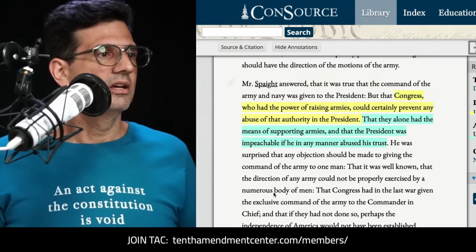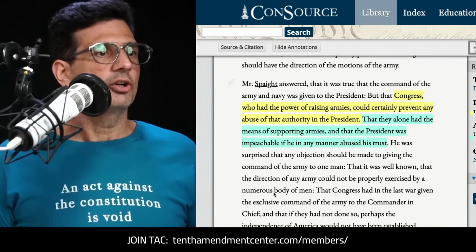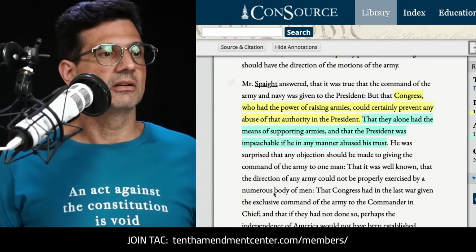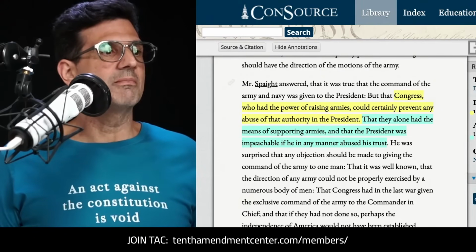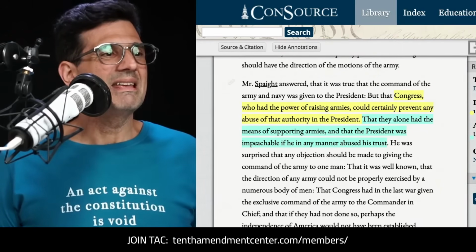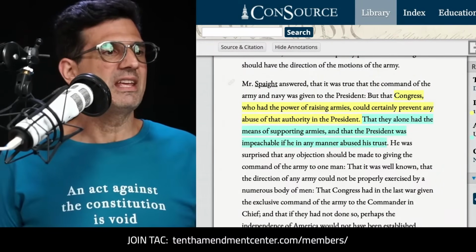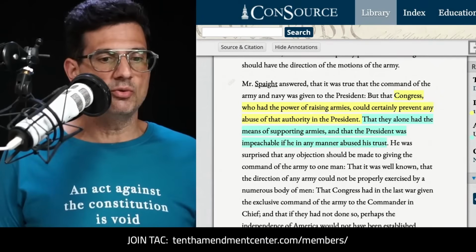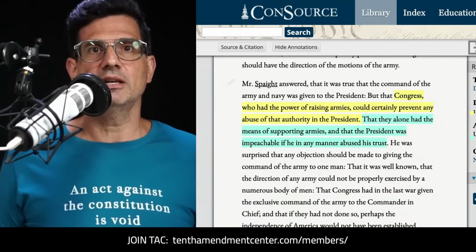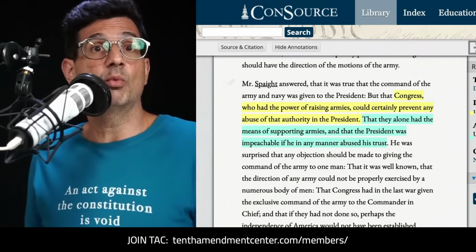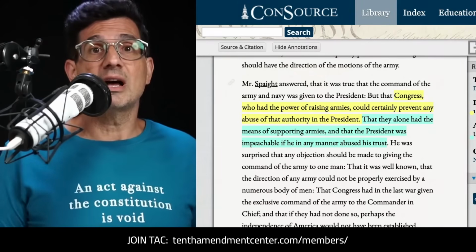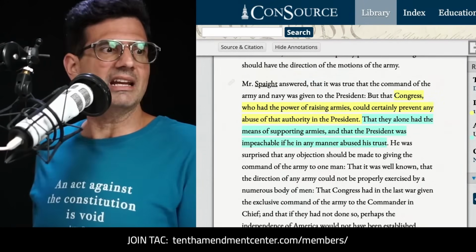He said Congress, who had the power of raising armies, could certainly prevent any abuse of that authority in the president, that they alone had the means of supporting armies, and that the president was impeachable if he in any manner abused his trust. So the misuse of the military, maybe using it in ways that violate the Constitution, would be an abuse of the trust delegated to the executive branch.